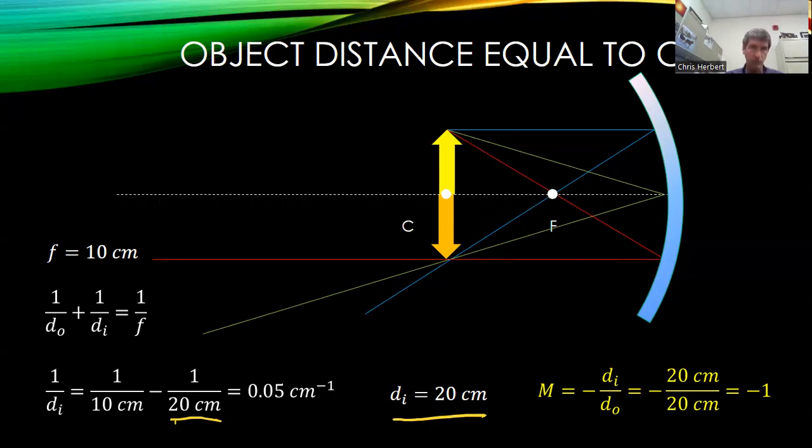Remember, it's 1/10 for 1 over the focal length minus 1/20th for 1 over the distance to the object. 1/10 minus 1/20th is equal to 1/20th. We take the inverse of that, we get 20 centimeters. And again, the magnification, -1, upside down, but the same size as the object.